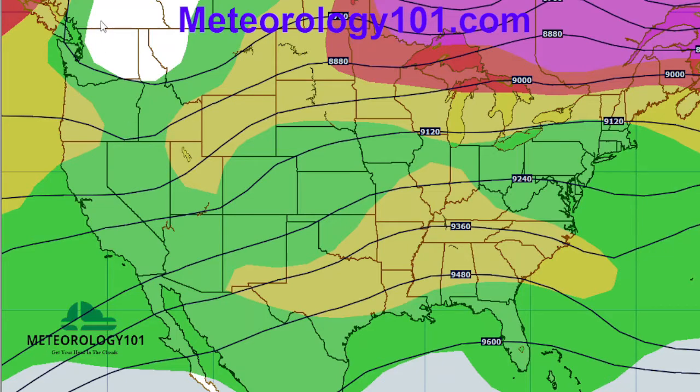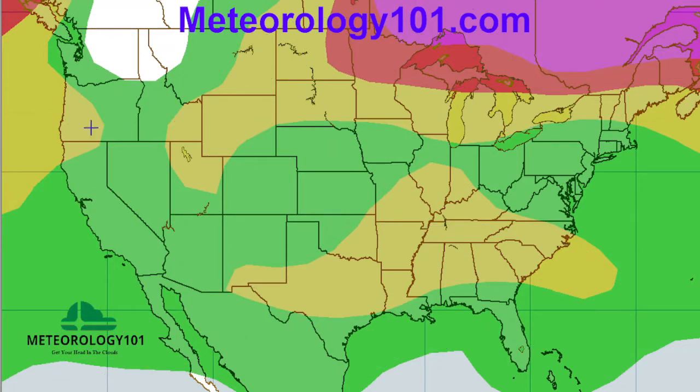So whenever I see this on the charts where it doesn't give me my trough, then I want to just change a little bit of settings here. Takes a little bit longer to plot, but I want to change the settings so I can see that trough, so we get a more true picture of the upper atmosphere.